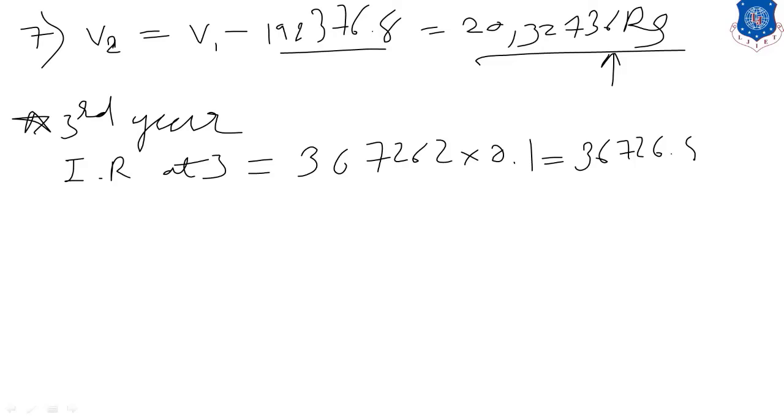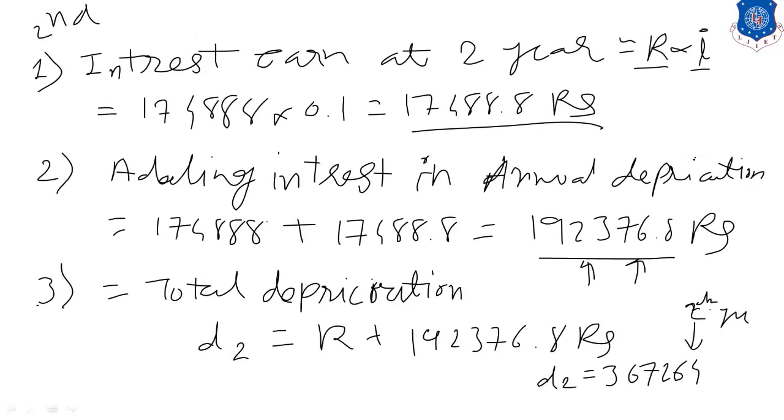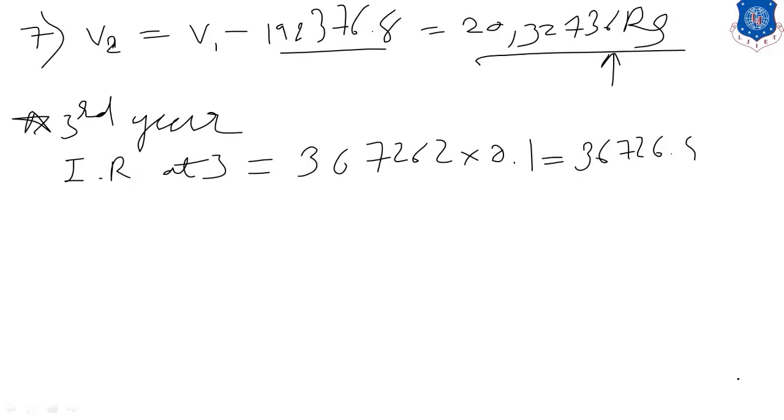This is our depreciable amount for the second year. So we have to find the interest of that amount. That's why we multiply with 0.1.